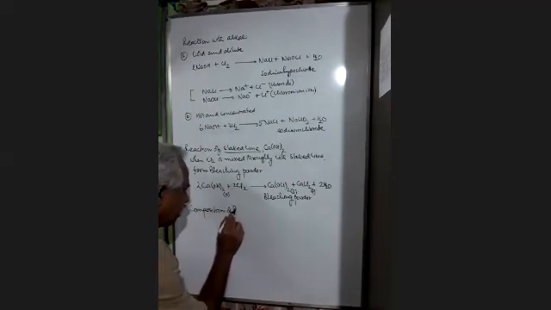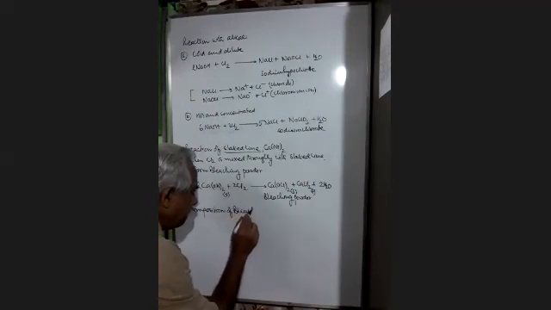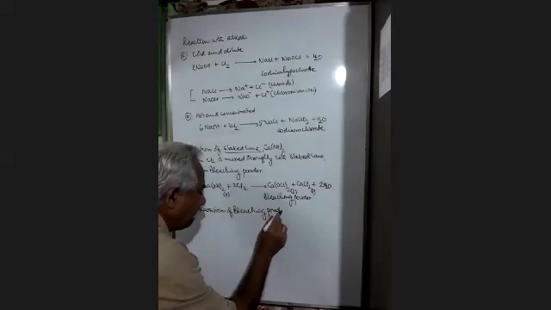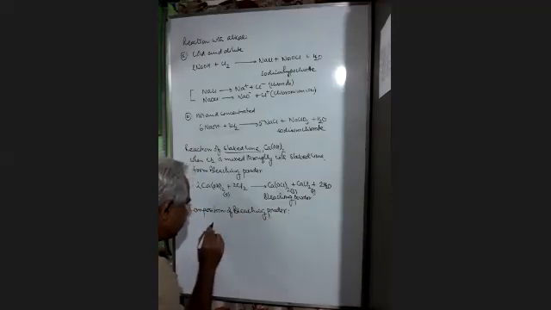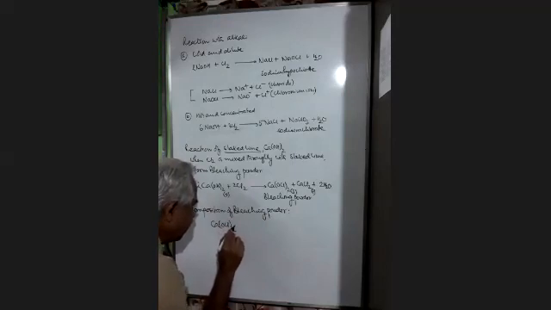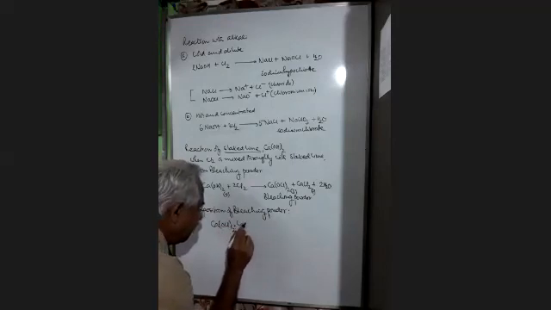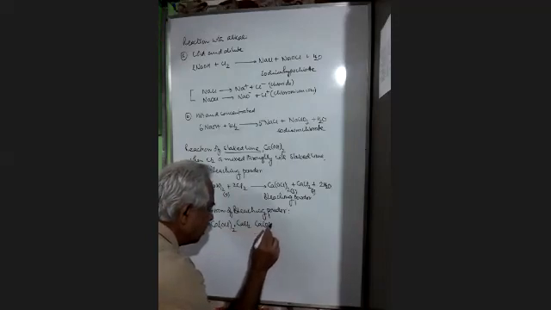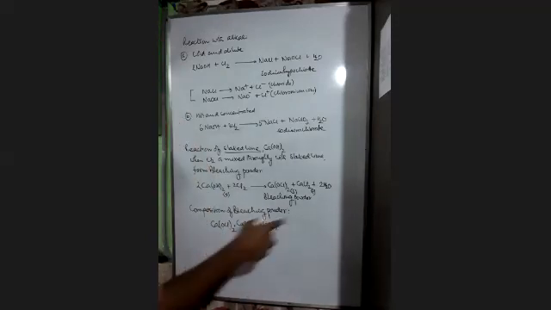So what is the composition of bleaching powder that you buy from the market? First we will write the original compound. Then I'll put a full stop. And the water does not go out.